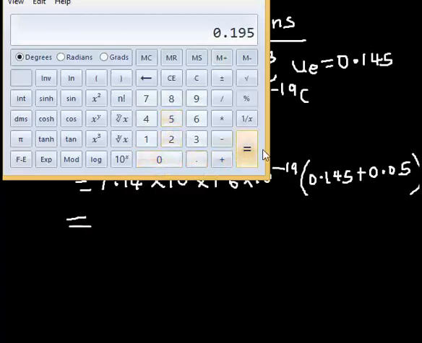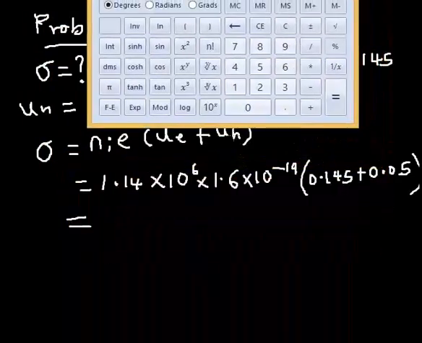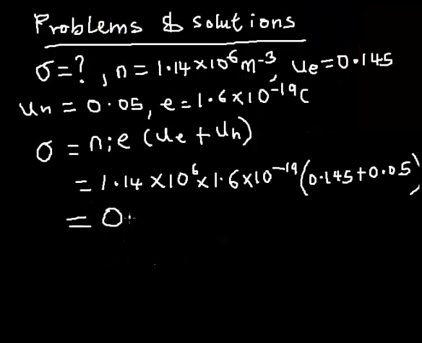Then I have to multiply that result by 1.6 times 1.14. What do I have? That is going to give me 0.336 approximately.